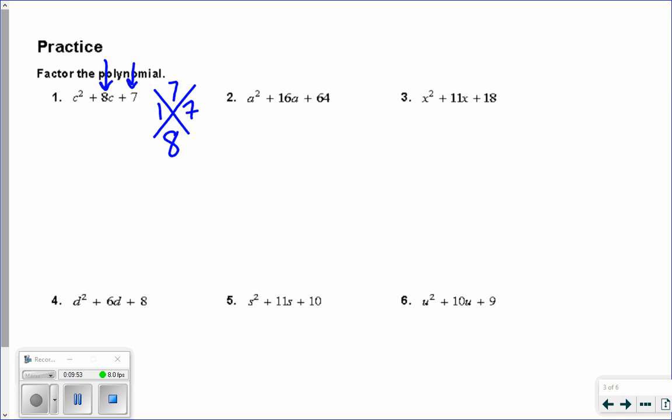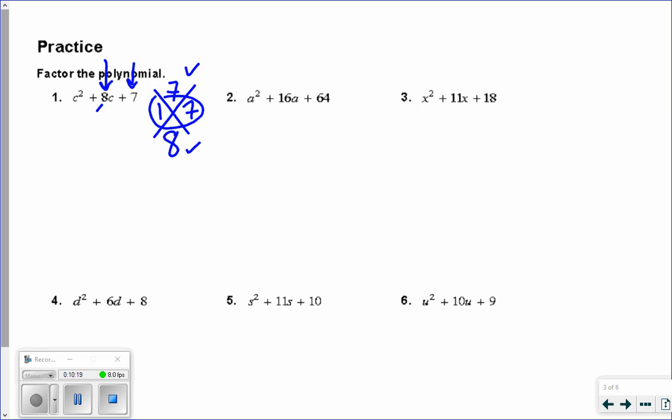We know that 1 times 7 does indeed give us 7, so it works up here. And when I combine a 1 and a 7, I get an 8. 7 plus 1 is 8. So my magic numbers that I'm going to want to use in this problem are the 1 and the 7.